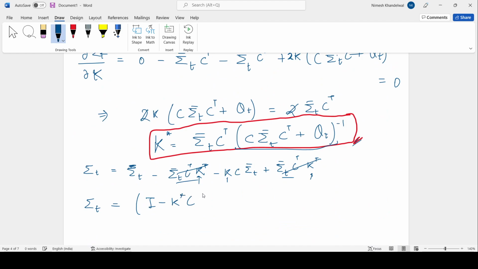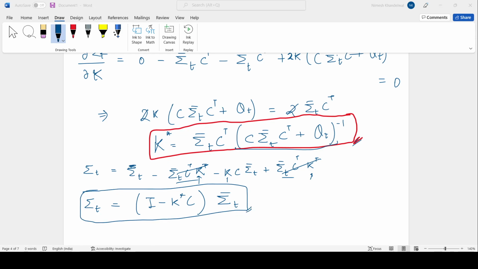This is my K star, and this is sigma bar. So this is essentially how you do your Kalman filter.